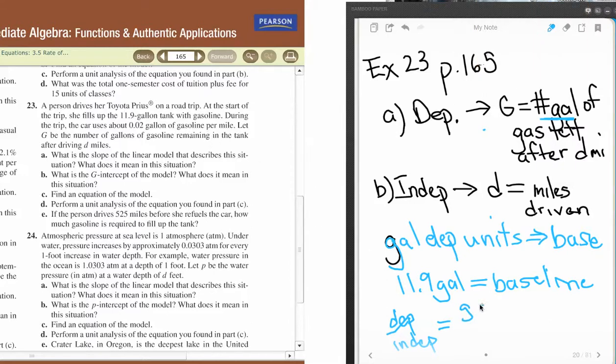So we have gallons and then per mile. And so that tells us that our rate of change is the 0.02. And this is R of C. And now once we have all of those things lined out, what our dependent is, what our independent is, what our baseline is, and what our rate of change is, we can just simply put the model together, and we will.